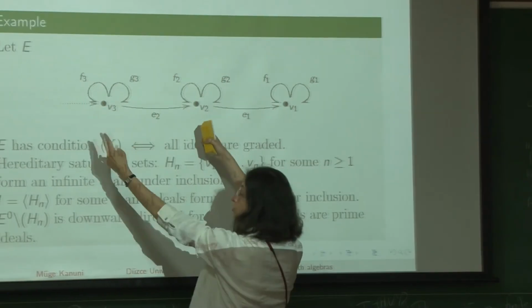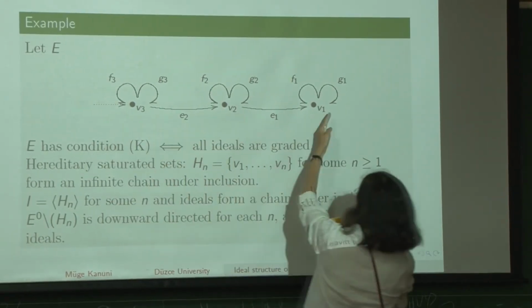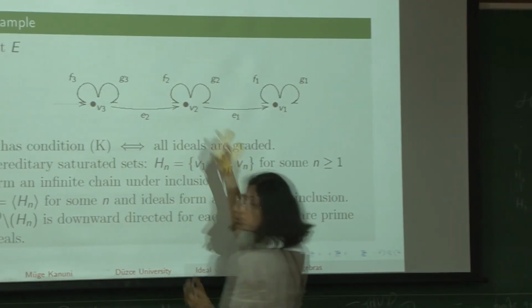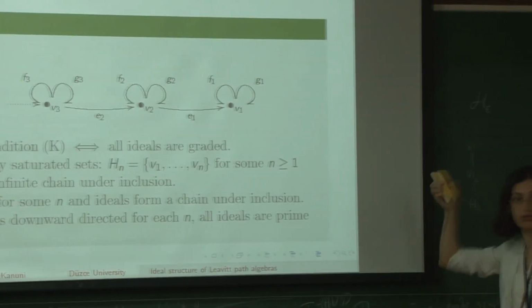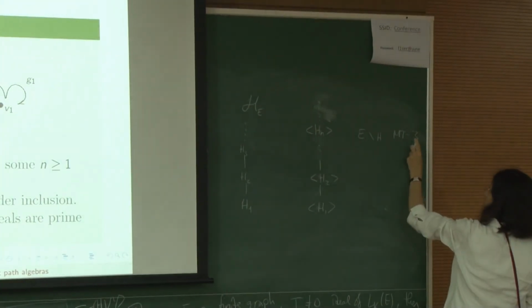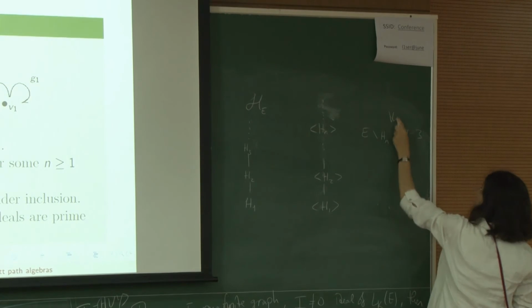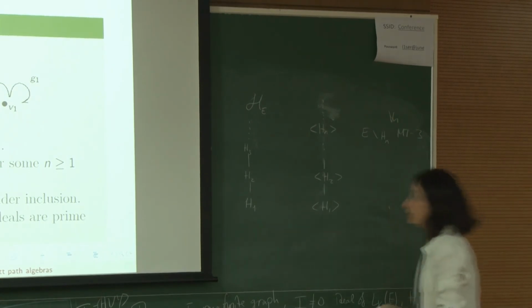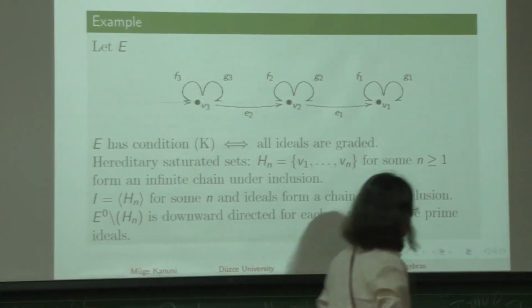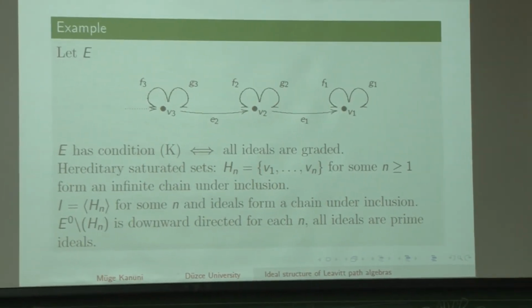If you take any two vertices, definitely they connect at V1, but if you don't like that, they connect at the smaller one, whichever two vertices you take. So it's empty-free, downward directed on all that. So it's a prime ideal. All of these ideals are prime ideals.